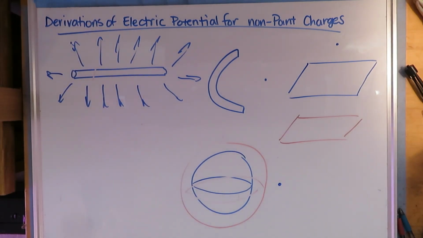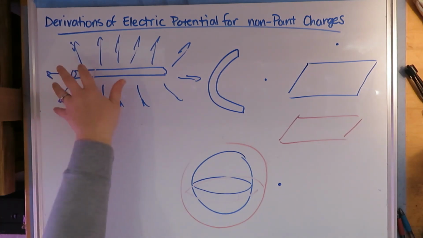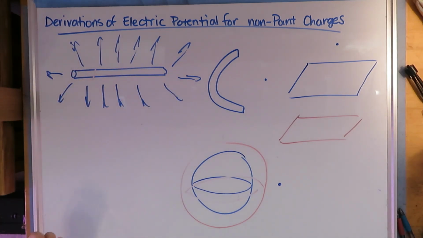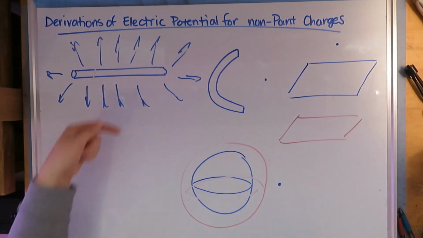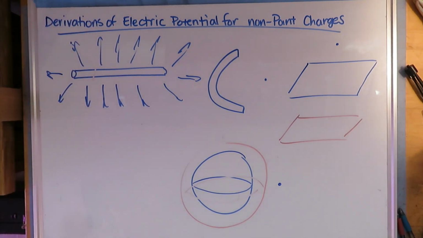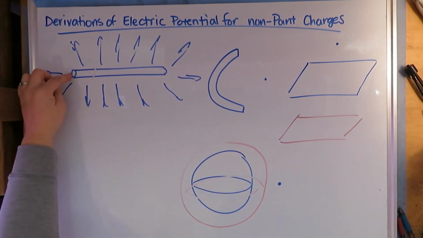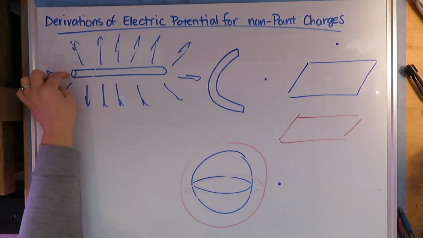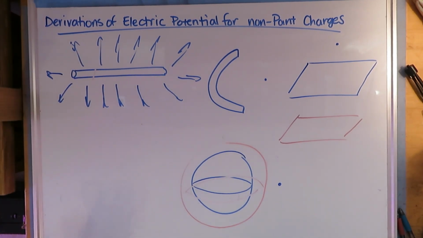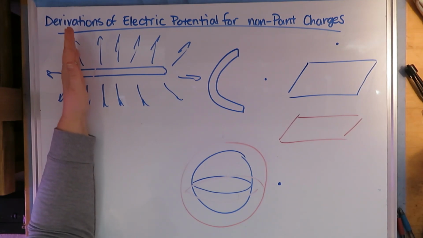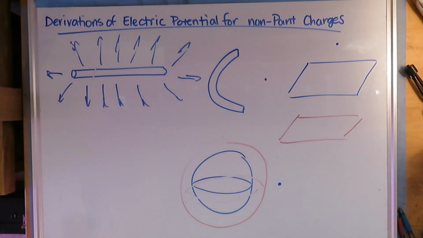If I'm not ignoring the edge effects of this rod, then at every point along this rod, the electric field points a completely different direction. Remember, this radiates out 360 degrees, wrapping around the rod. If I were to look at the end of the rod, the electric field at the end behaves kind of like a hemisphere, like a point charge.